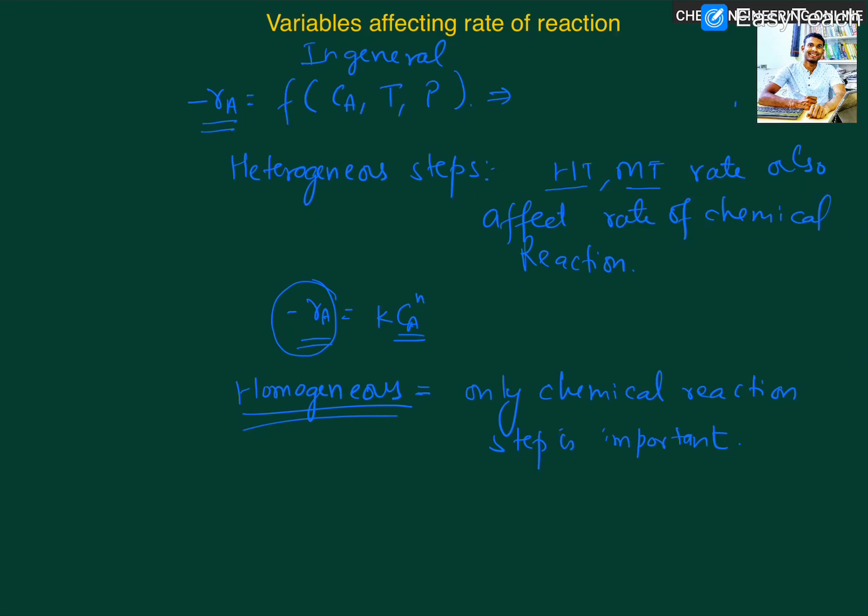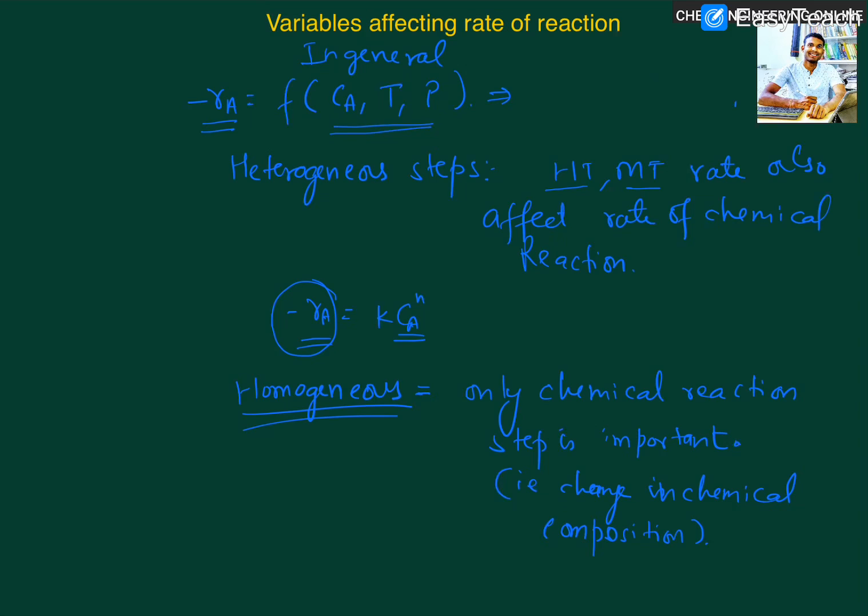So when rate is affected only by change in chemical composition, then we say that it is homogeneous.